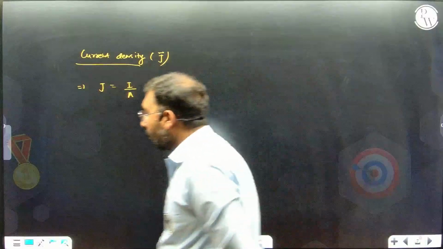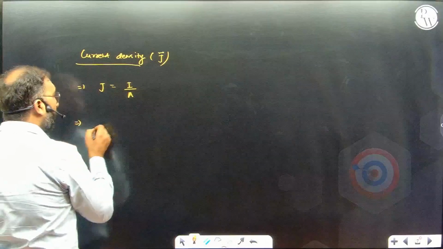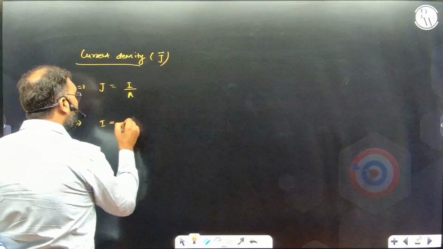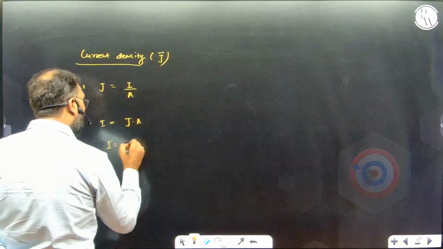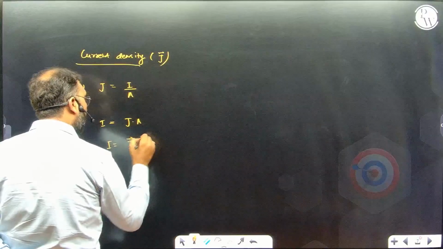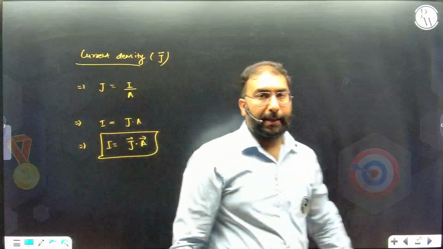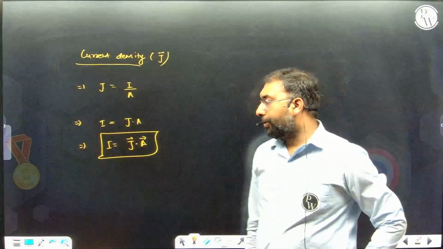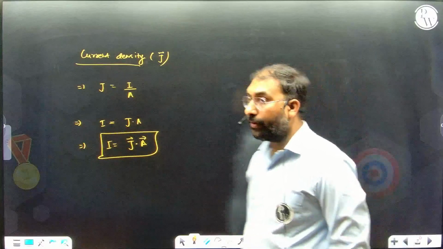So J is equal to I by A, and if you want to write it in vector form, I is J multiplied by A, that is J vector dot A vector. The current is written as the dot product of J and A, where J is the current density vector and A is the area vector.